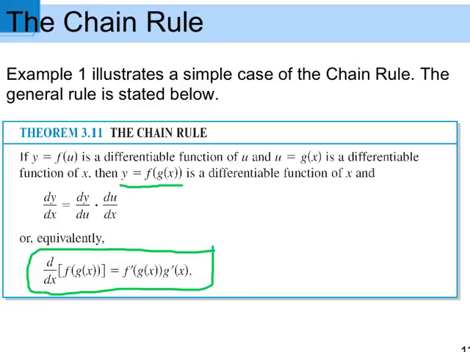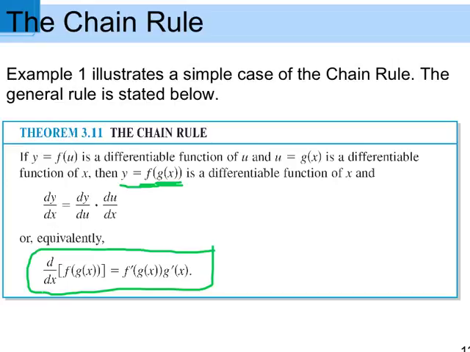The 6x would have been your g of x, and the sine of would have been your f. So the chain rule says that the derivative of f of g of x is f prime of g of x. So again, sine of, well, we're going to do those examples in a minute, so I'm not going to talk through that whole thing. But this is the most general form of the chain rule.